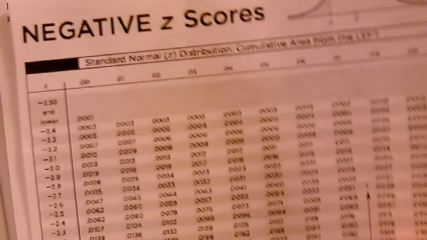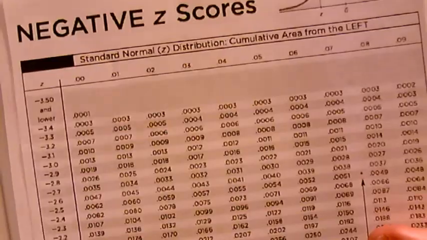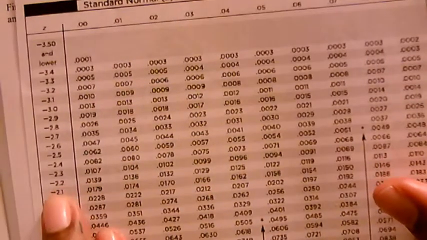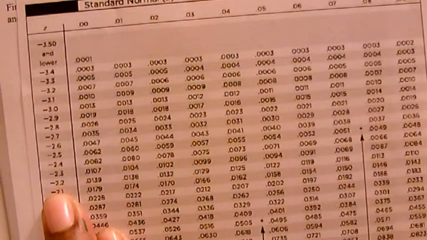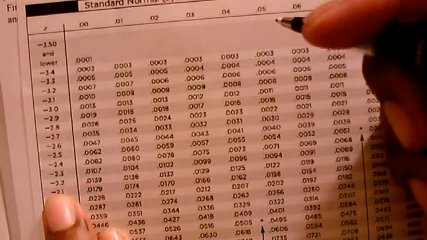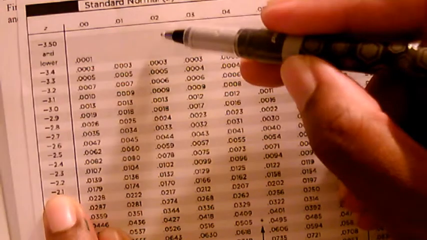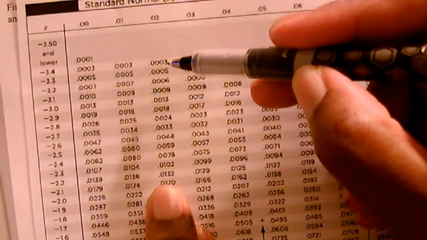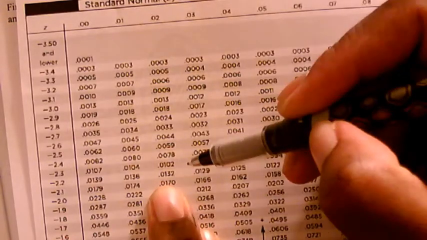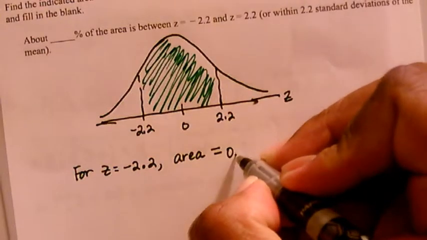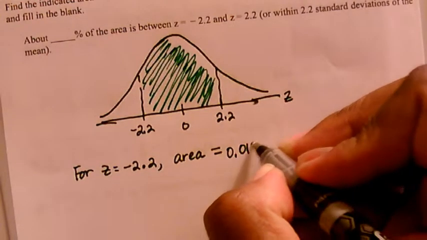So here, let's find negative 2.2, which is here, negative 2.2. And then 0.02, read across to negative 2.2 and down on 0.02, you'll see that is 0.0132. So that area is 0.0132.